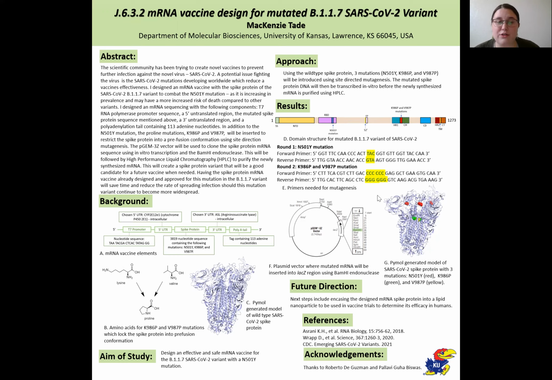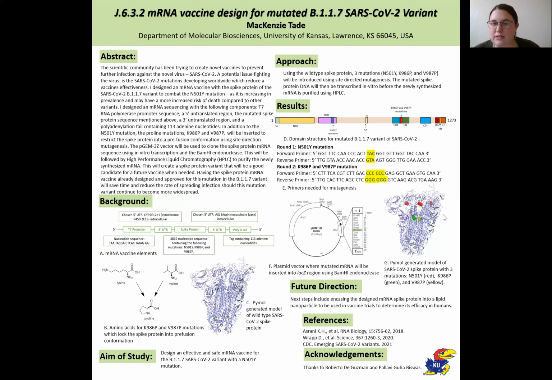Once we have our newly synthesized mRNA, the next design is to purify the mRNA with high performance liquid chromatography. And then after high performance liquid chromatography, when we have our finished purified mutated spike protein, as we can see here on the right, it can be used further to be introduced into a vaccine.